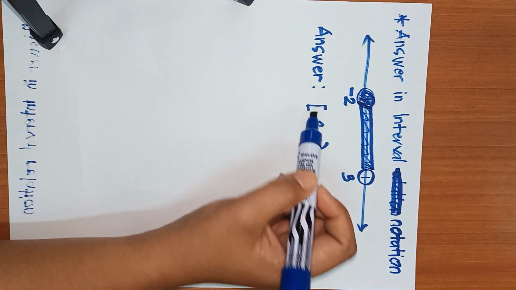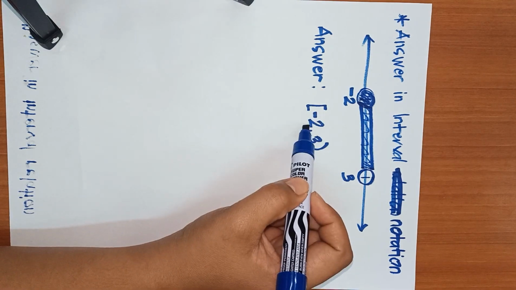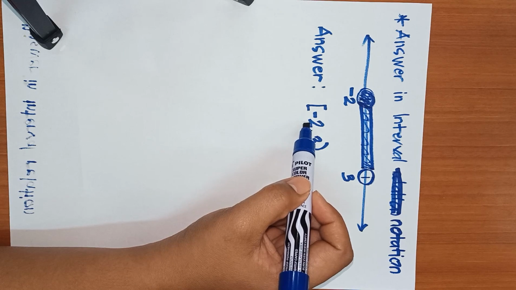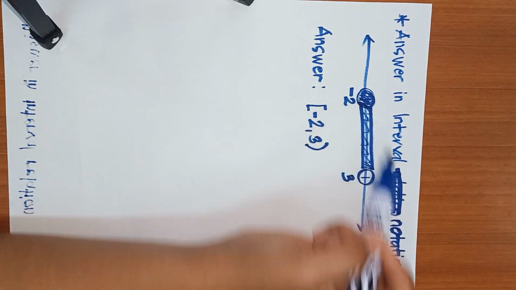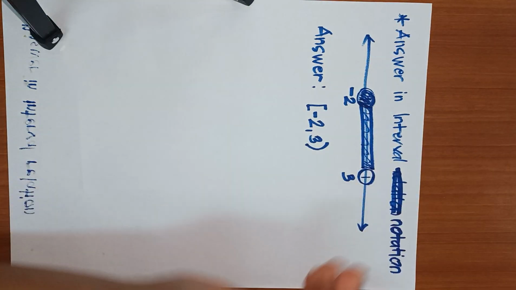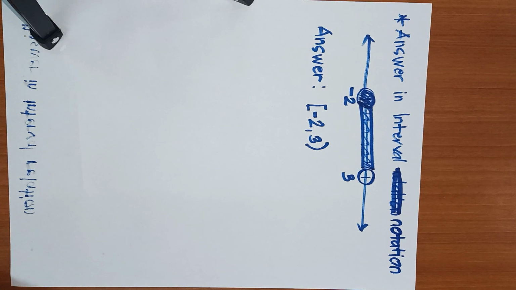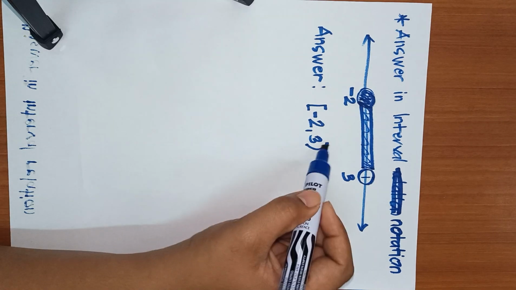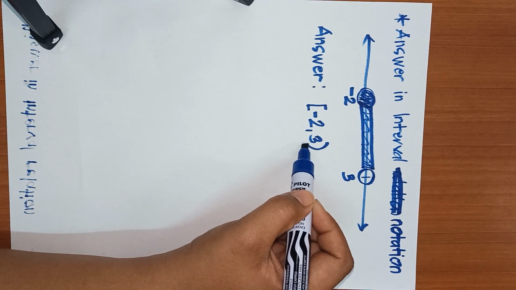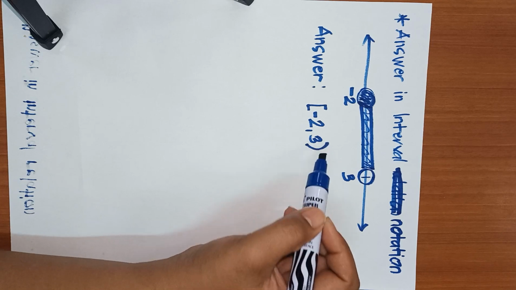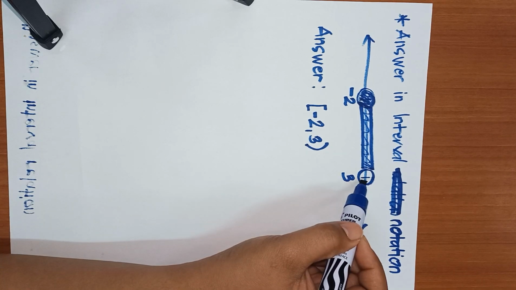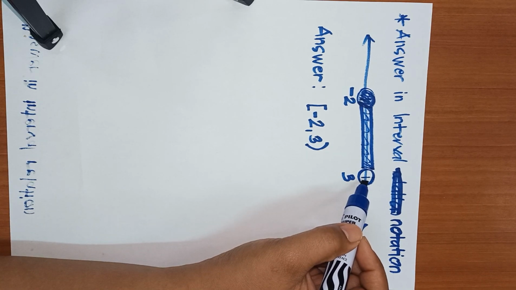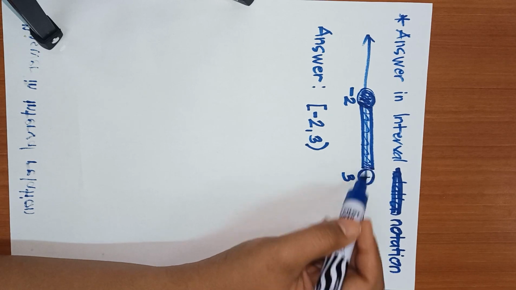Bracket, because -2 is part of the solution and it is the end of our solution for the negative side. And for the positive side, our solution will end at less than 3. I'll be using the close parenthesis because 3 is not part of the solution, but the solution is less than 3.